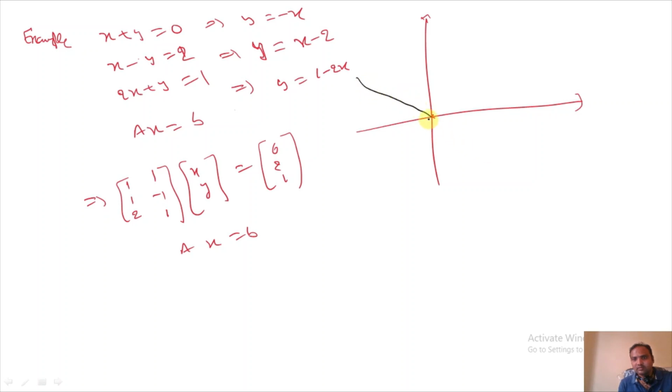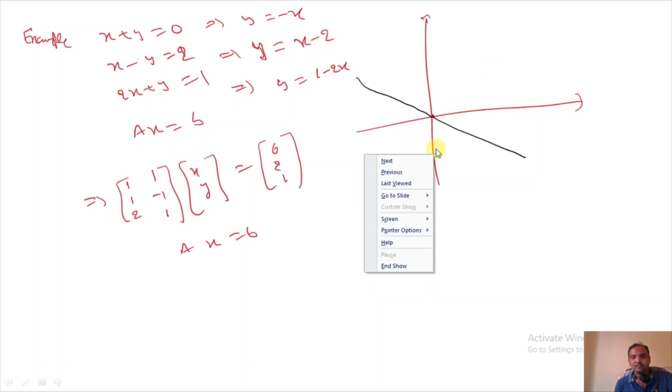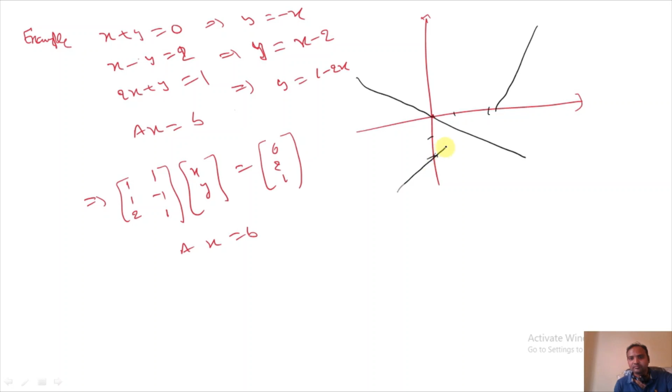Now y equals x minus 1: when x is 0, y is minus 1. When y is 0, x is 1. That means you get the graph line like this.